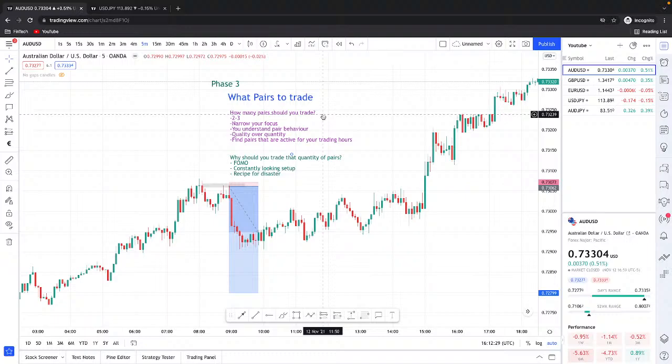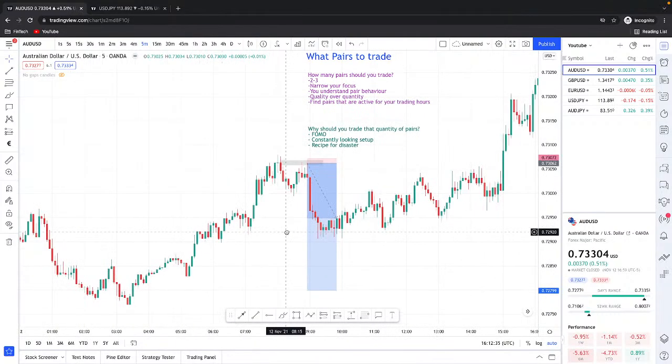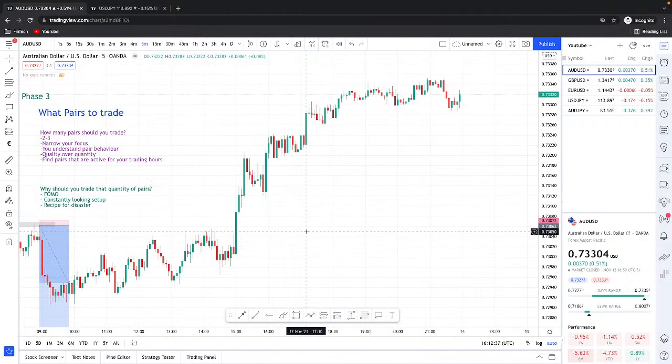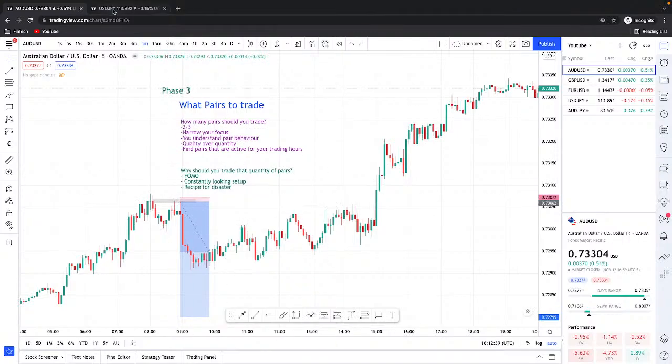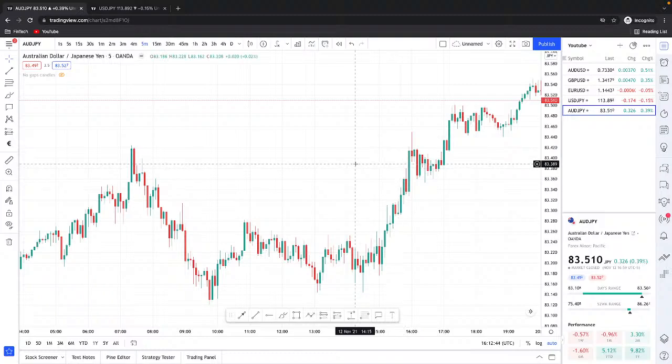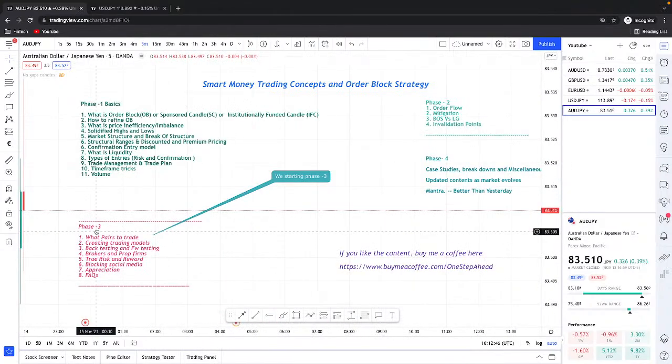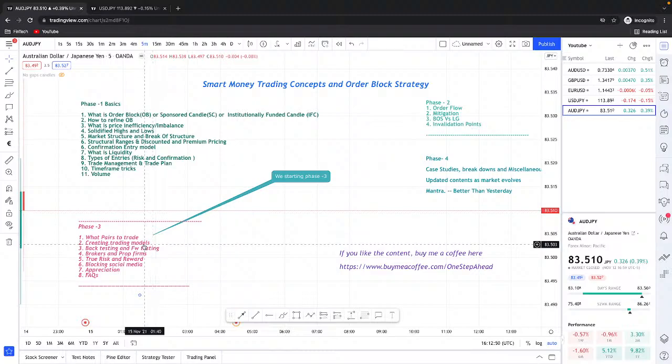All right, so let's move on to this trade. This is a scalping trade. I haven't taught the scalping model yet. The next topic I'm going to take is creating trading models, where I'll talk about the swing model, the intraday model and the scalping model.